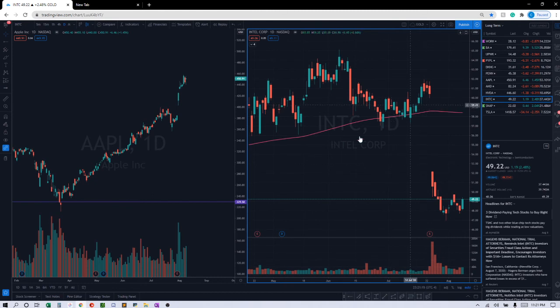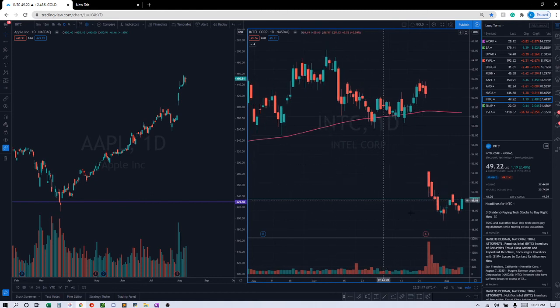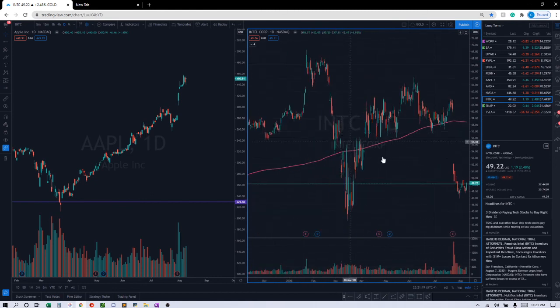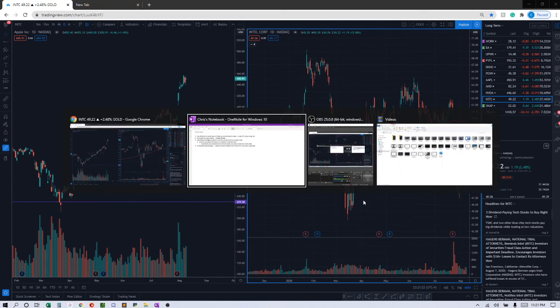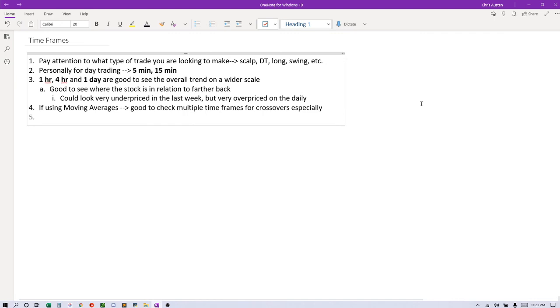So you shouldn't be freaking out about a slight move down on a 5-minute chart if you're playing a daily support level. So I think that's definitely something important to understand when you're trading. A lot of people have been asking me what time frames I use and what I prefer, and honestly it just depends on what type of position you're entering.